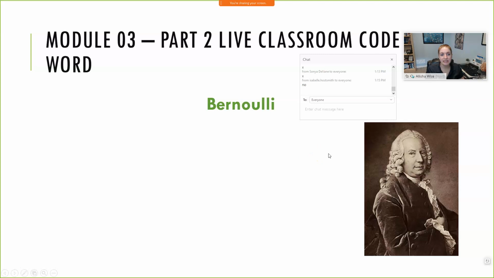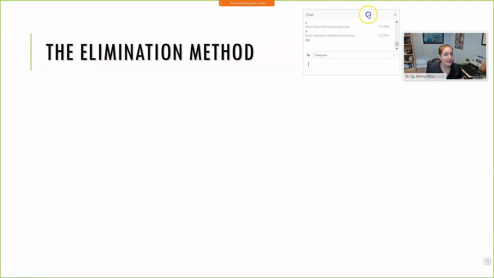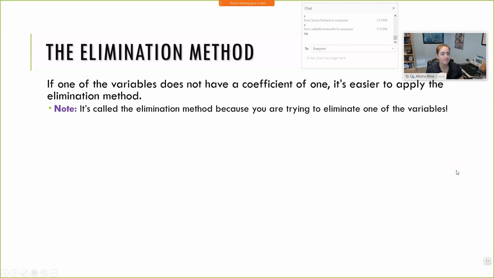And then we are going to continue on to the elimination method. So the substitution method, you're substituting in. With the elimination method, it's a little different because you're going to be eliminating one of the variables.